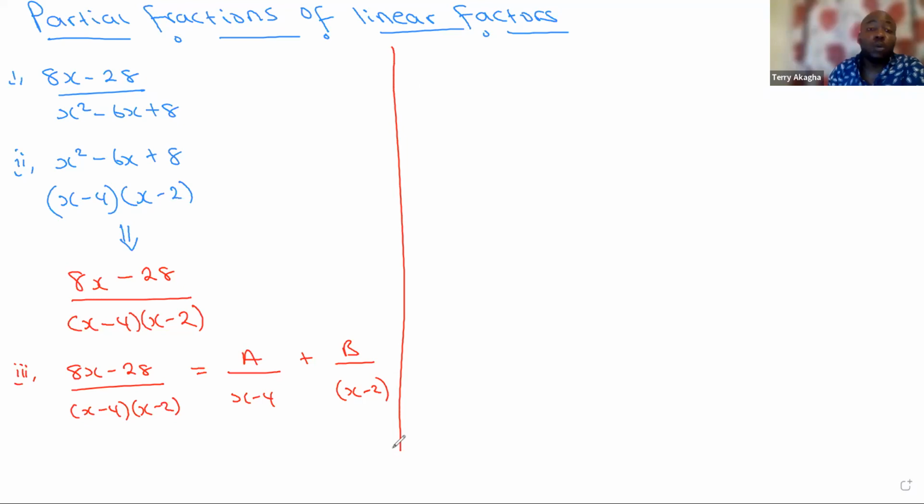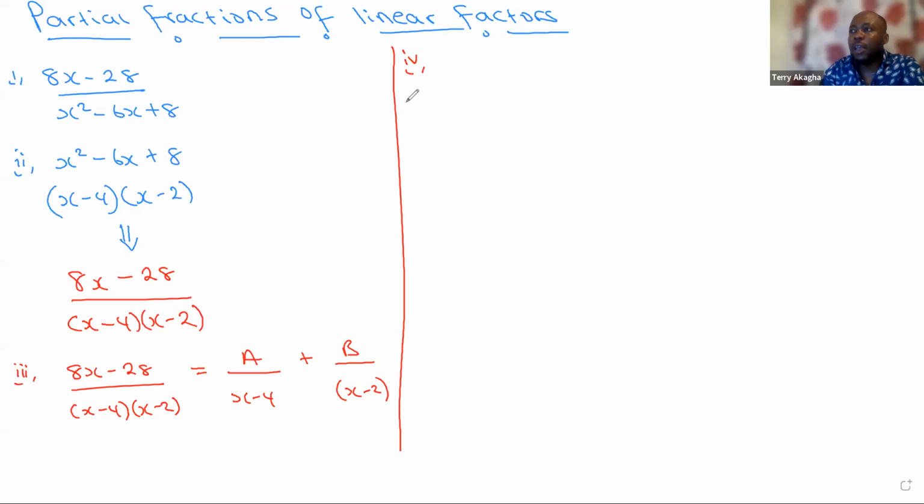The next thing I told you was that you then have to multiply both sides by the denominator, okay? That was step 4, that you have to multiply both sides by the denominator. So what are you going to do now? Let me write it here.